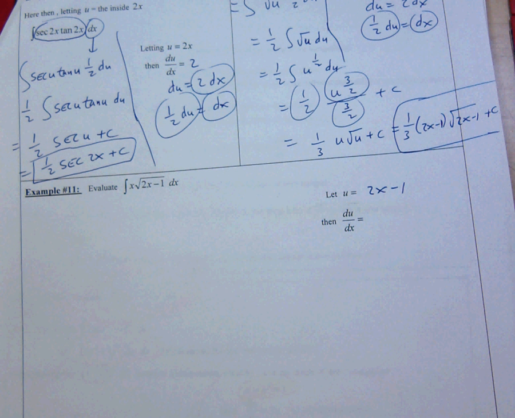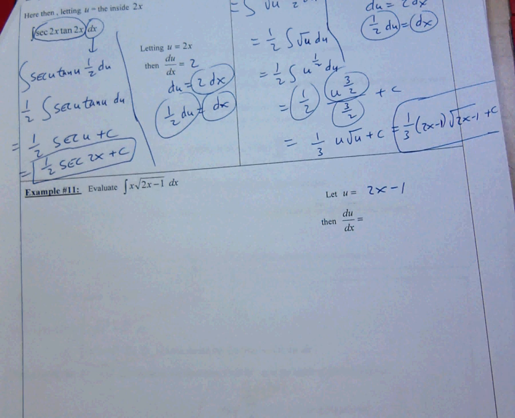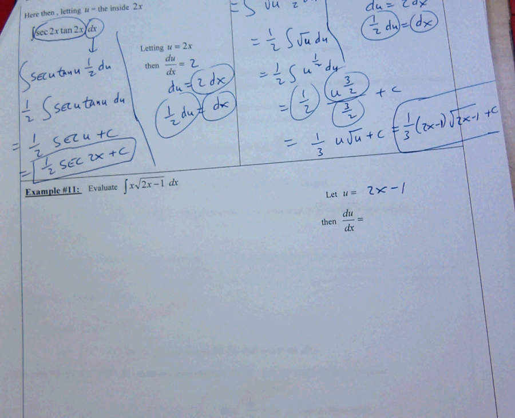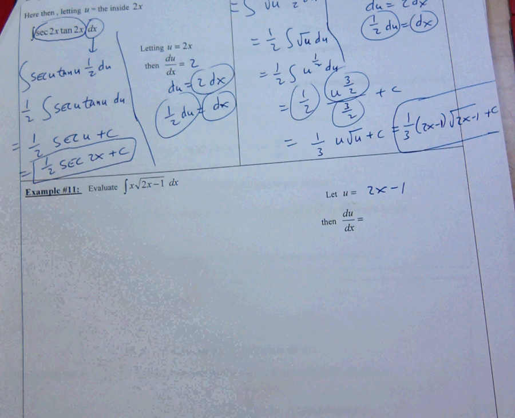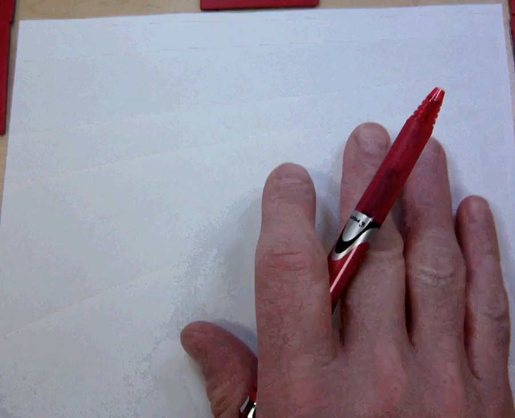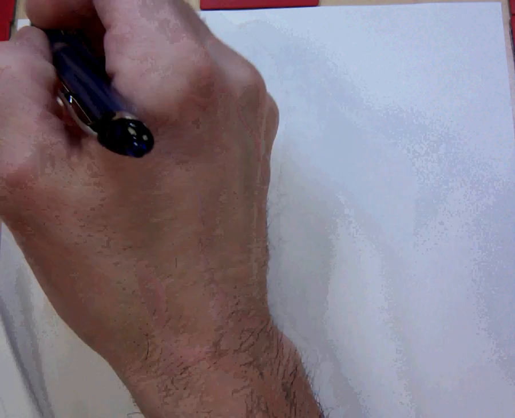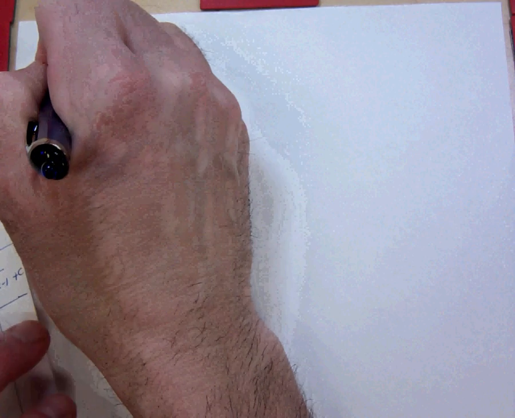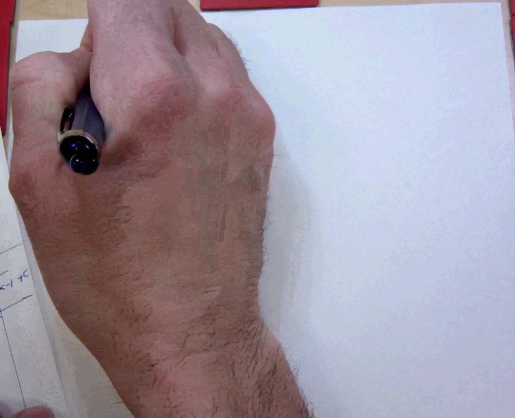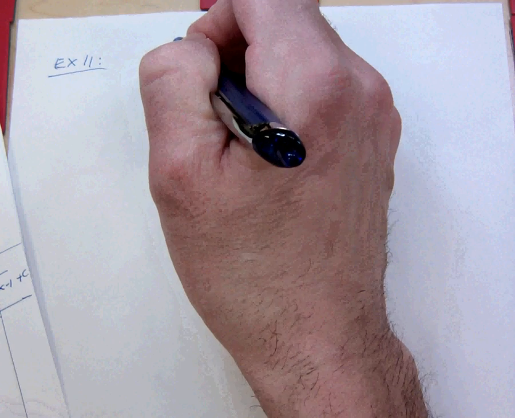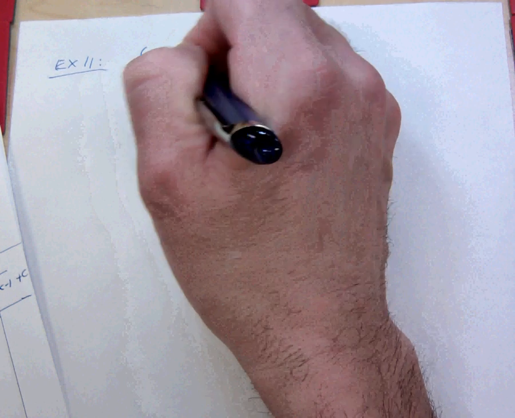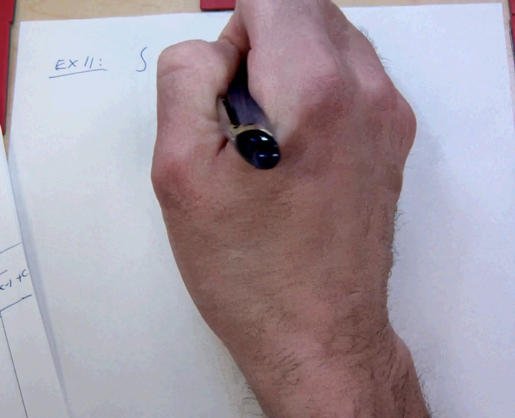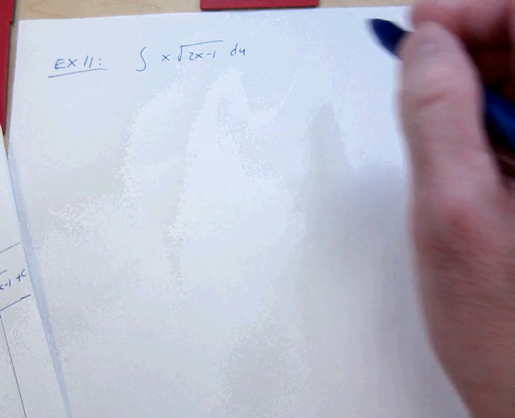Okay, ready? Here it goes. Let me do this on separate paper so I don't have to cram it in there. Okay, so all right, so we already decided on a u earlier, didn't we?